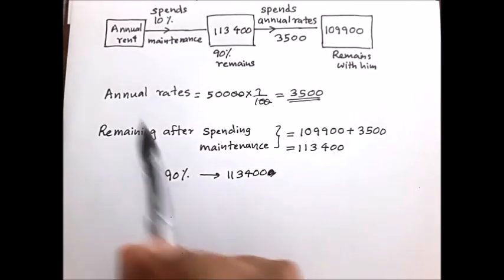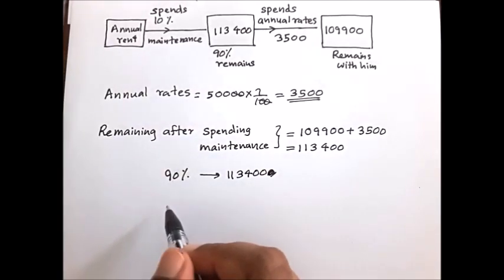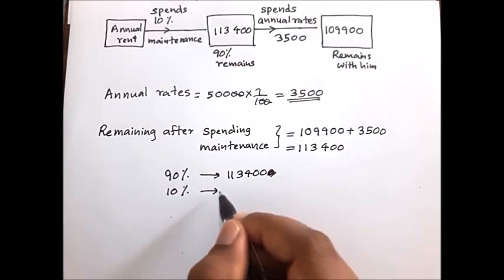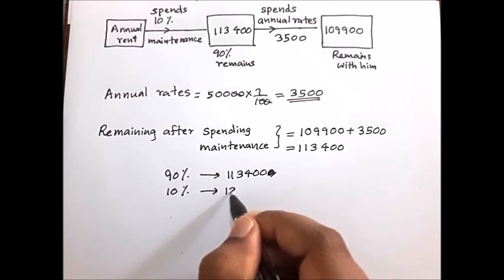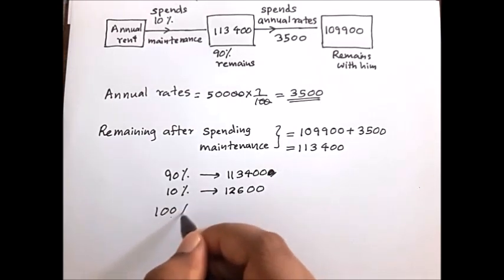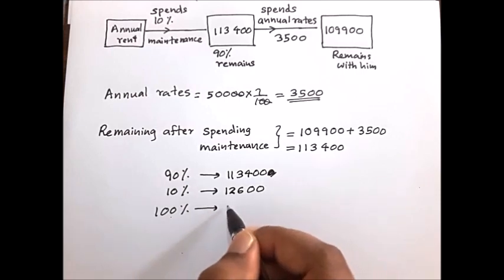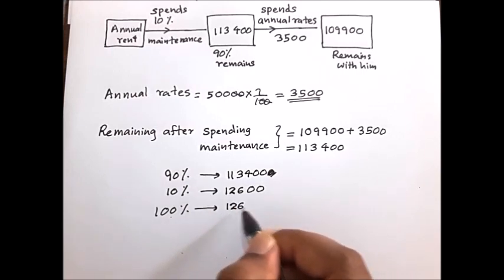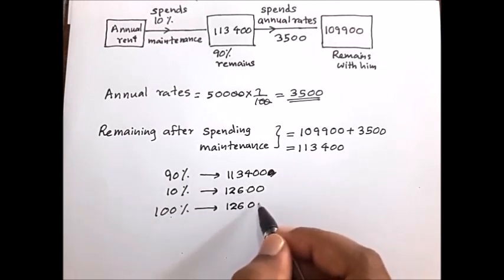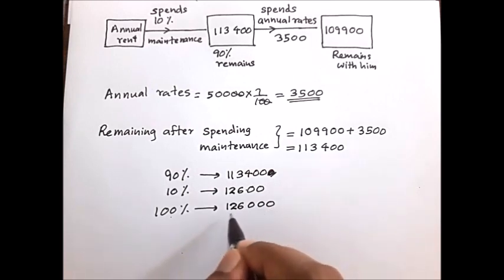To find annual rent, you have to find 100% of his income. So first find 10%. Divide this one by 9. To find 100%, multiply this one by 10. Add a 0.